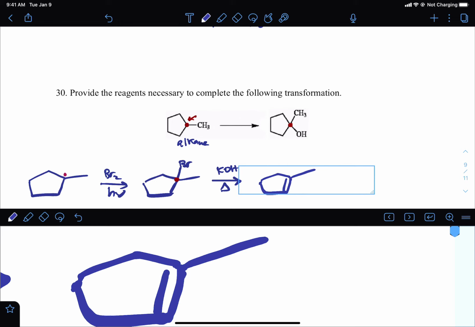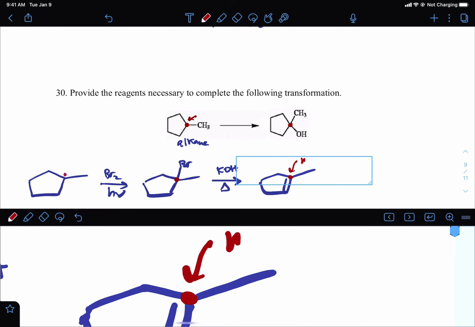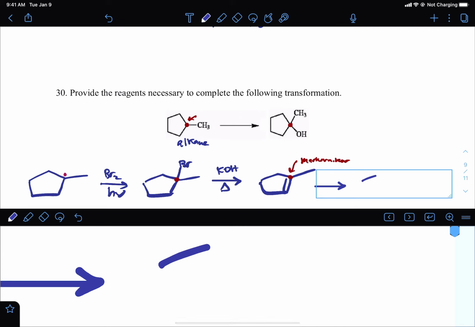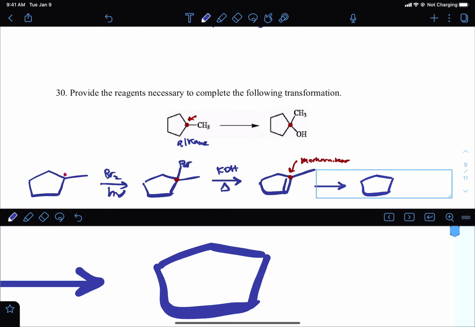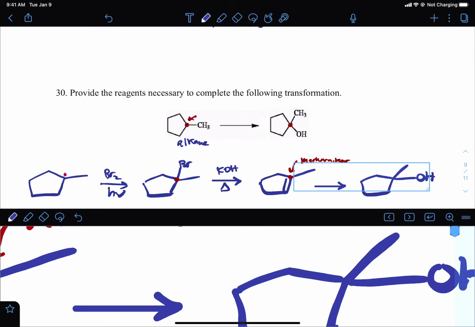Because now notice that our position where we want the alcohol is the Markovnikov position. If we do a Markovnikov hydration of this, the alcohol will end up exactly where we want. Like that. So we'll do something like H3O plus and water.